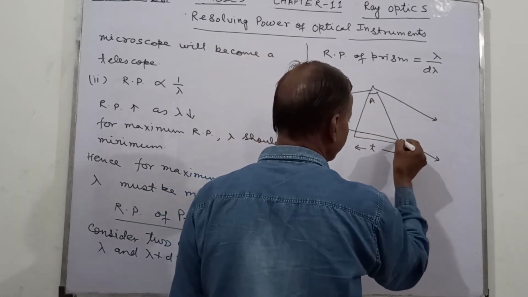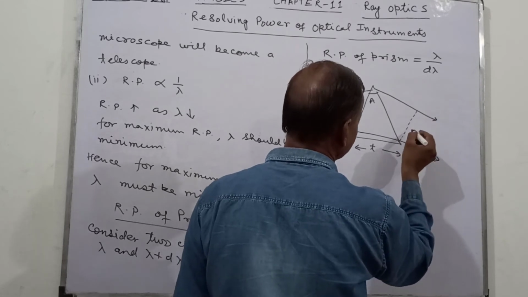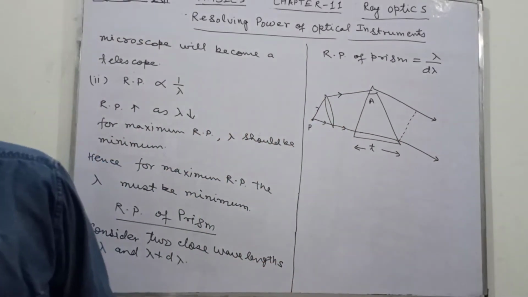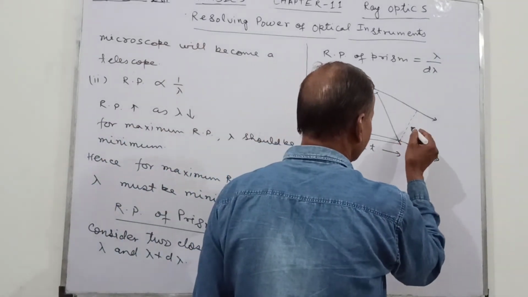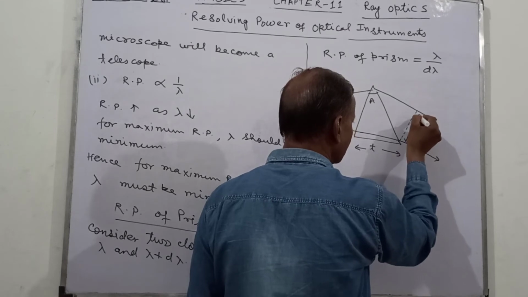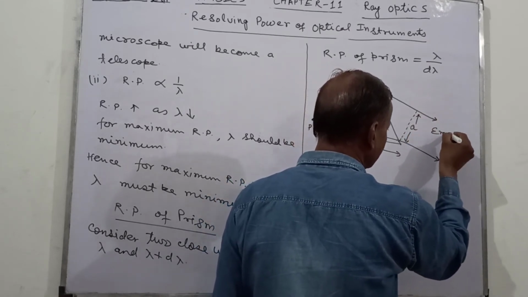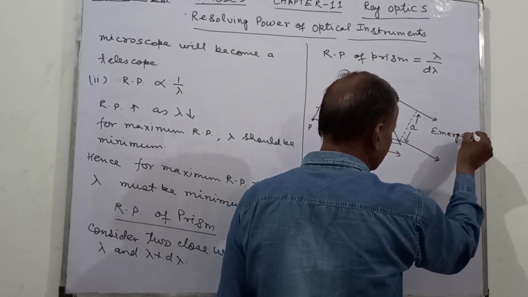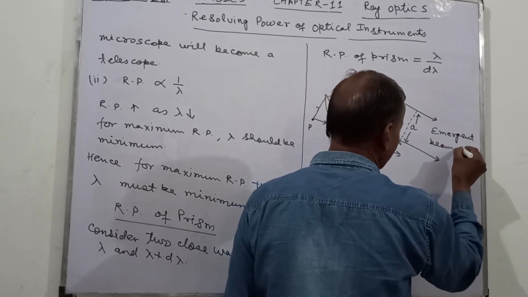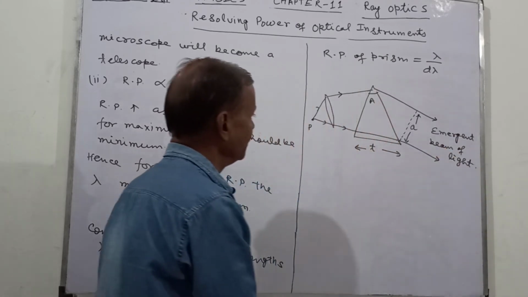So now if we take here A, this much is A. This is the emergent beam of light.